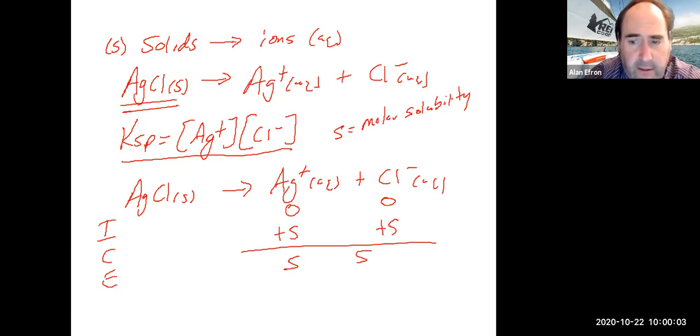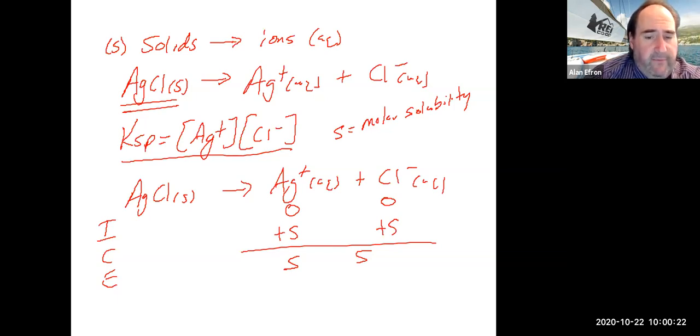If we wanted the solubility in something like grams per liter, we could use the molar mass and convert the molarity into grams per liter. That'll give us maybe a more usable value for solubility.